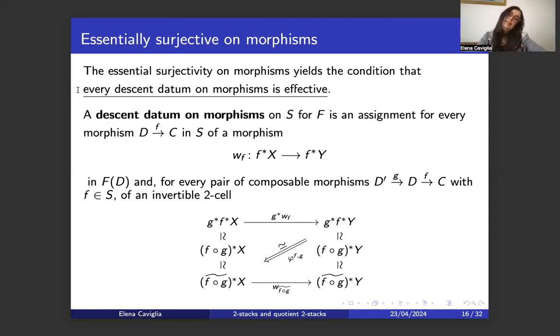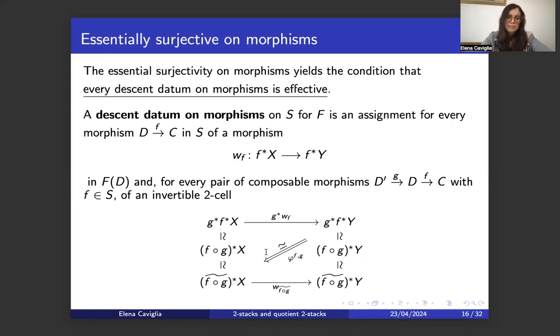What is a descent datum on morphisms is exactly the same thing as a descent datum, but this time to every morphism in the bisieve, we associate a morphism instead of an object, so this W of F. And we still ask compatibility conditions for this W of F with respect to composition.